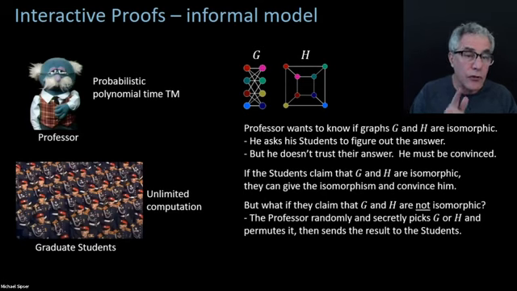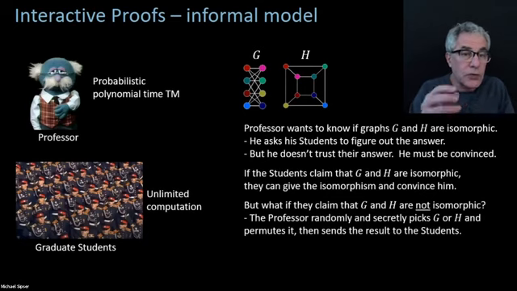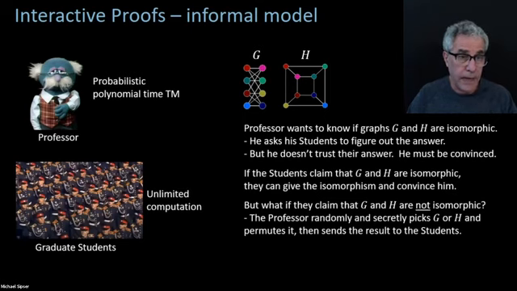But if the graphs were isomorphic, then that scrambled version of G or H could equally well have come from either of them. And the students would have no way of knowing which one the professor picked. So there's nothing they could do which would be better than guessing.